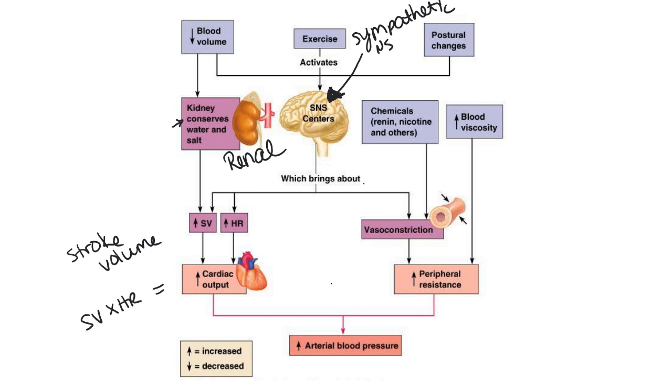Right? If our blood volume drops a lot, then we actually try to increase pressure. If it gets too high, then we try to lower pressure. So the amount of blood that we're trying to pump through is having an impact on how high the pressure will be as we're pumping it through. So let's look at what we call the renin angiotensin system.